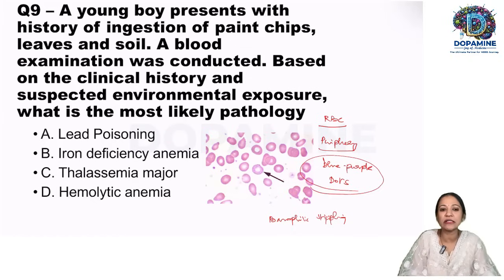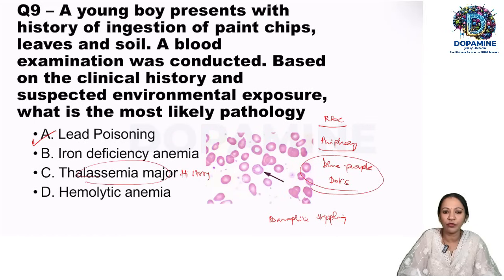What is the diagnosis in this scenario? It is a very classic case of lead poisoning, isn't it? The history says ingestion of paint chips, which will be high in lead, and the child also has basophilic stippling. In thalassemia major, any thalassemia, you can also have basophilic stippling, but here the history is not for thalassemia, so we are ruling that out. Iron deficiency anemia is also not possible based on the history. So the classic basophilic stippling is seen in lead poisoning.